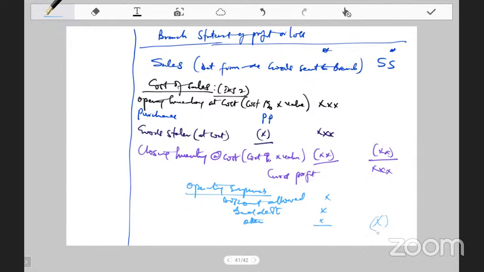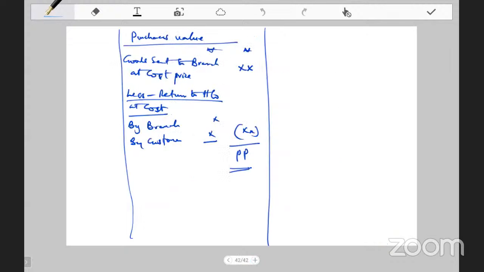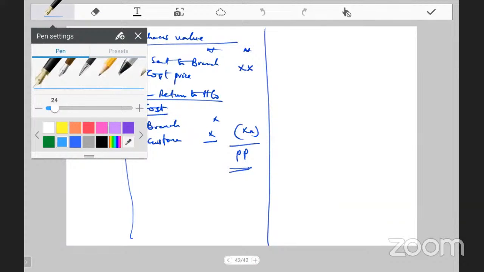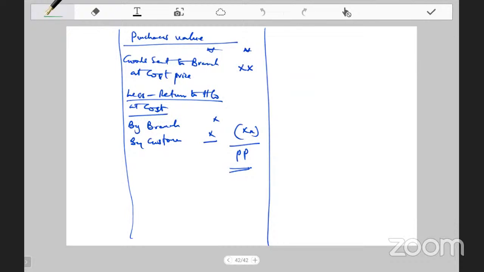And we deduct them. At the end of the day, we now have our net profit. That is altogether.